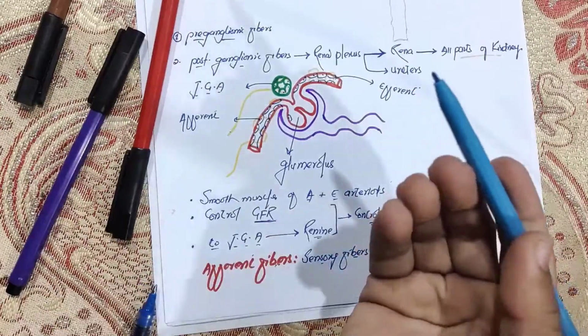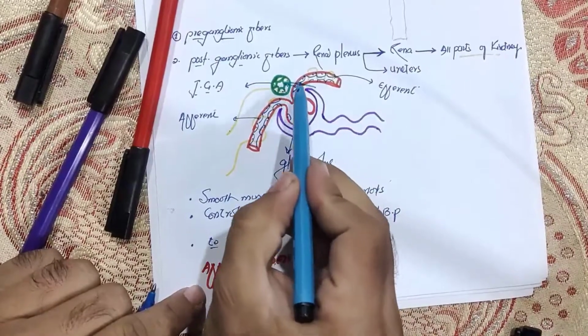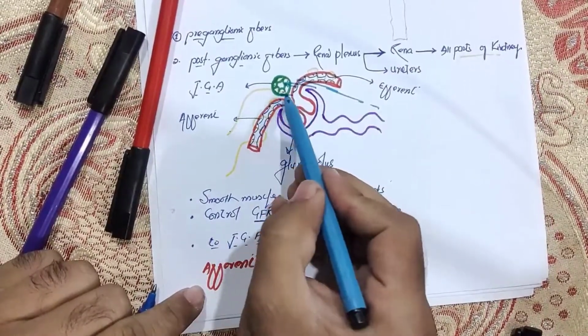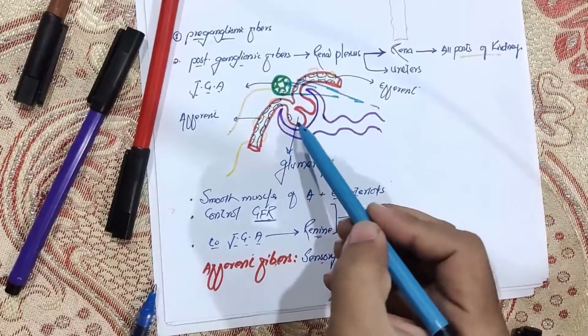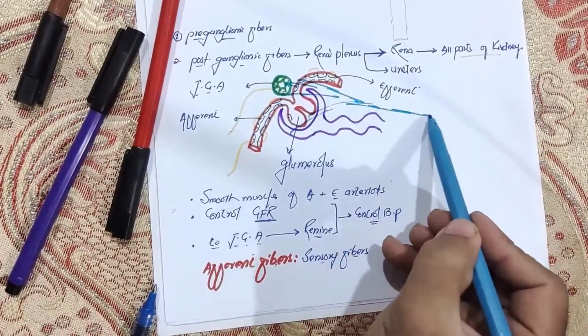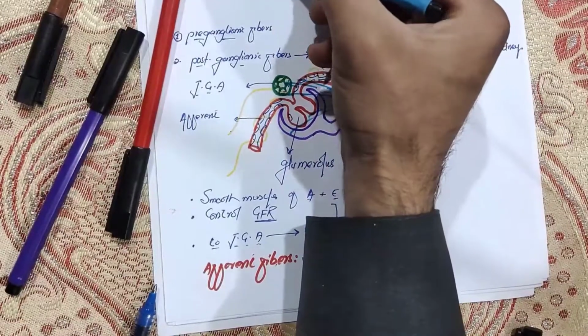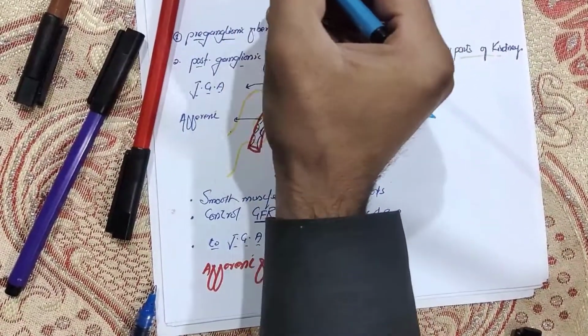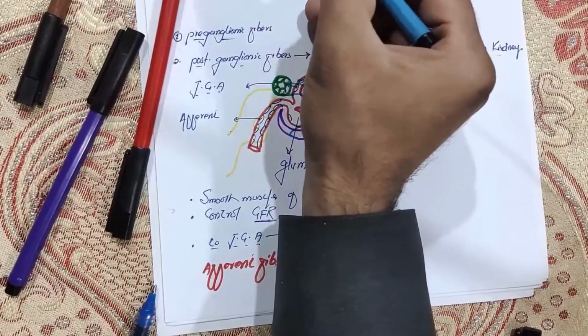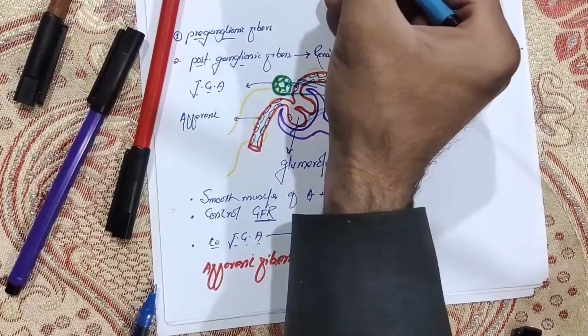Now let me use this color. For example, these are all the sensory fibers, okay. They will take sensory sensations, okay. Let us make it there also. So they are all taking sensory sensations outside your kidney, yes, we know that, right?